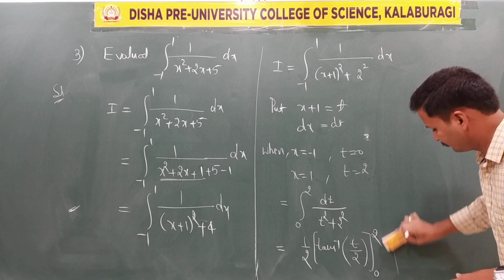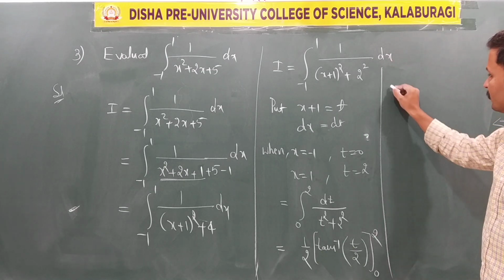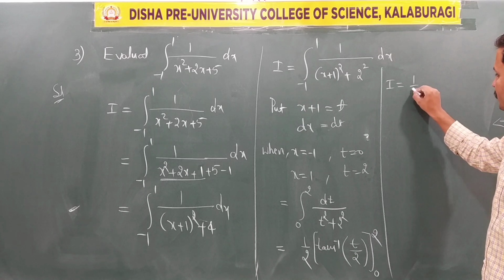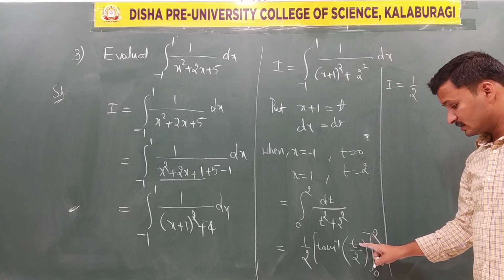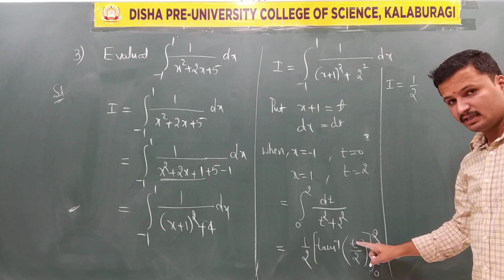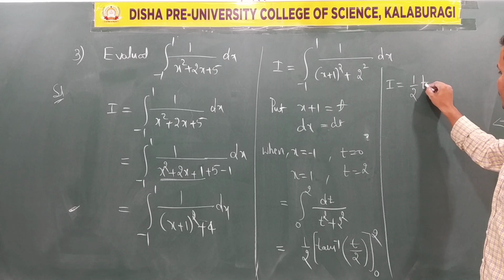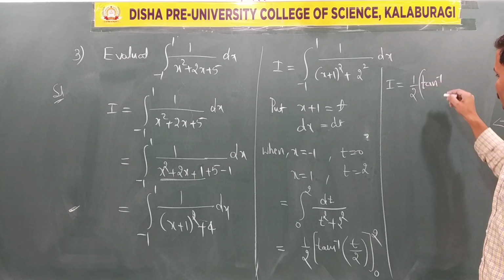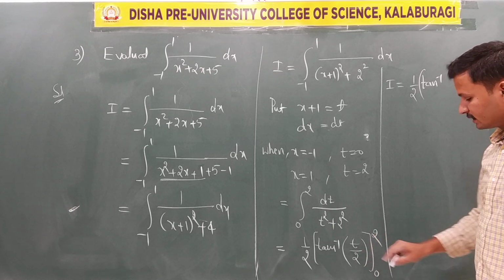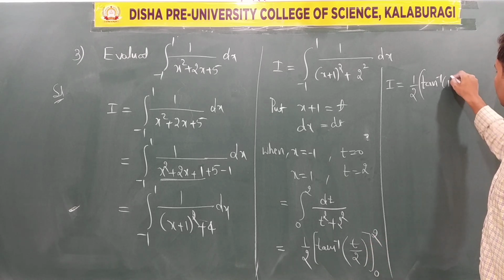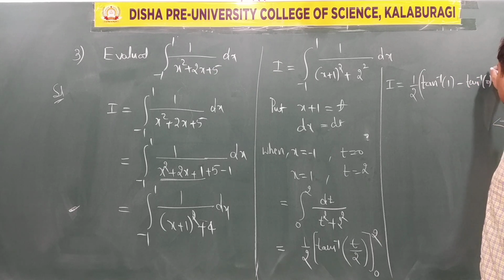Yes, now integral I is equals to, write down 1 by 2 tan inverse of t. Now use the theorem, that means first substitute the upper limit in place of t and minus the lower limit. So 1 by 2 tan inverse of, in place of t substitute 2, so 2 divided by 2, that is 1, minus tan inverse of 0.